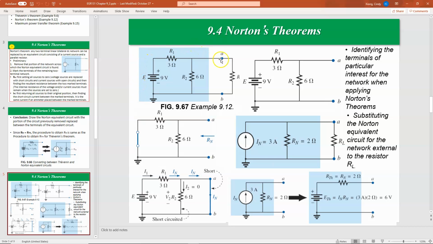We have two terminals, A and B. This RL is the portion we need to remove from the network first. We remove the portion of the network outside of the blue box, because the blue box is the circuit we want to find the equivalent of.